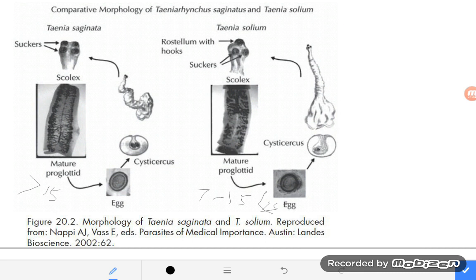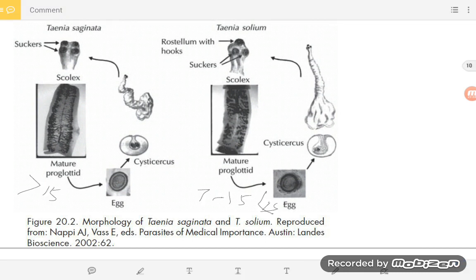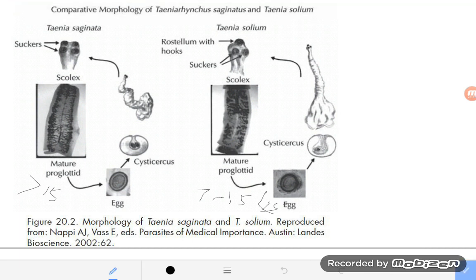And another thing, when we consider the egg morphology, we cannot differentiate the eggs. In the case of Taenia saginata and Taenia solium, the egg morphologies are similar, and these eggs become cysticercus larvae. In the case of Taenia saginata, the larval name is Cysticercus bovis.